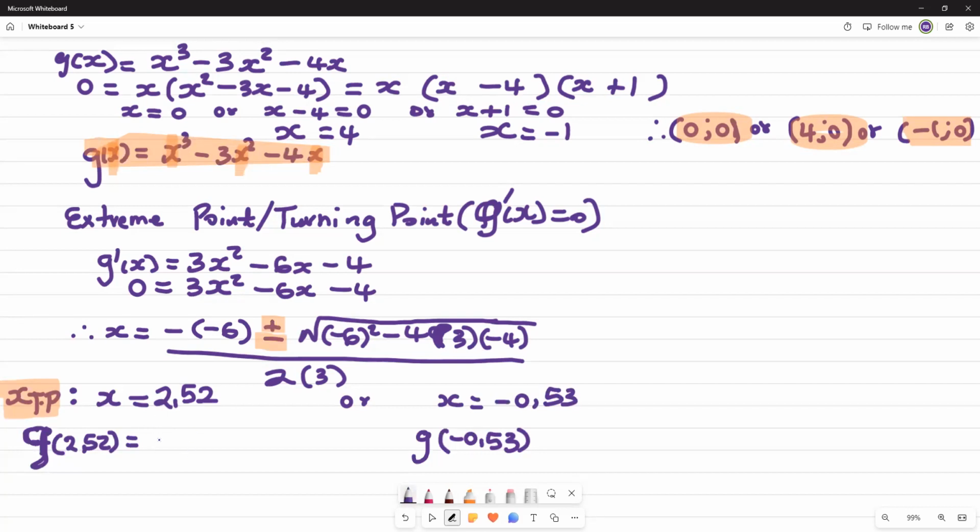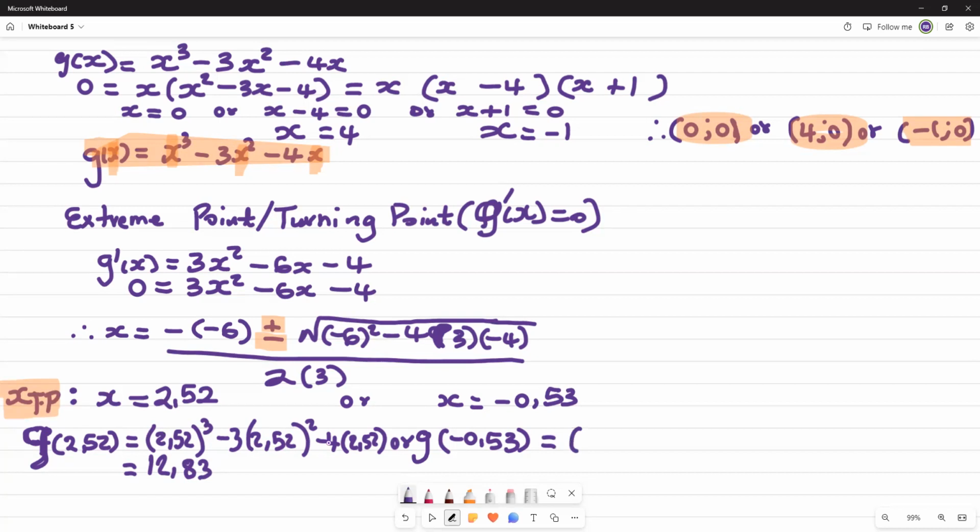Wherever there was x, you put 2.52 and cube it, then minus 3 times 2.52 squared, then minus 4 in bracket 2.52. Right, let's get the answer. I already put it on a calculator. So my answer is 12.83.